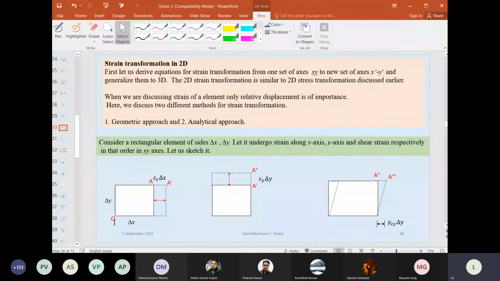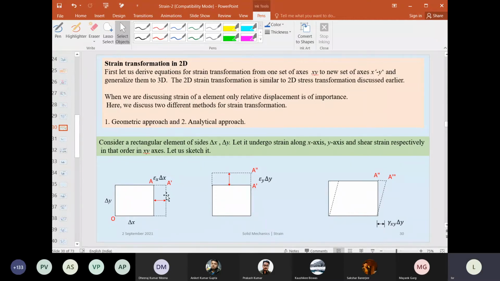The left-hand corner I have denoted by O, and the diagonally opposite point I am denoting by A. Let it undergo strain along the x-axis, the y-axis, and shear strain respectively.